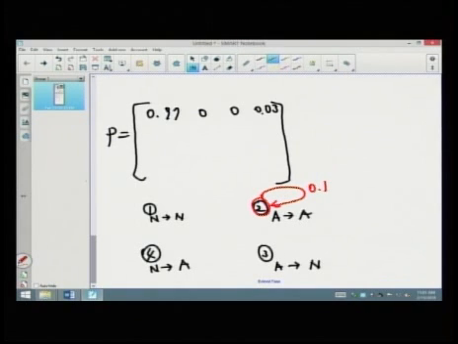And then, since these two match, we have this transition. Is that right? What is this? It's going to be 1 minus 0.1, which is 0.9. Is that right? So starting from 2, we have 0, and then 0.1, 0.9, and 0, right?